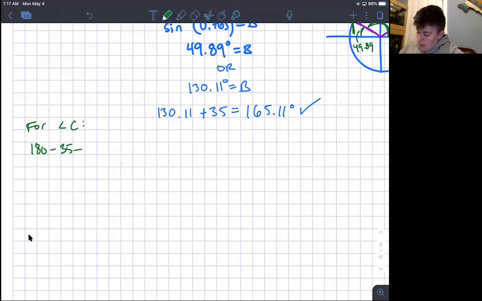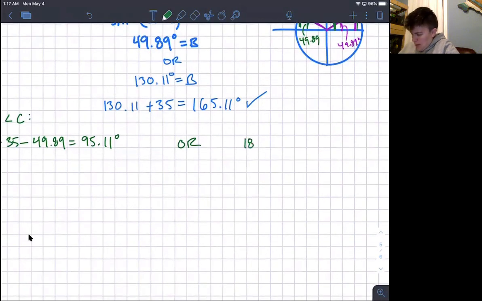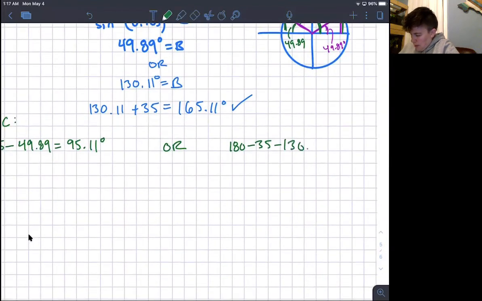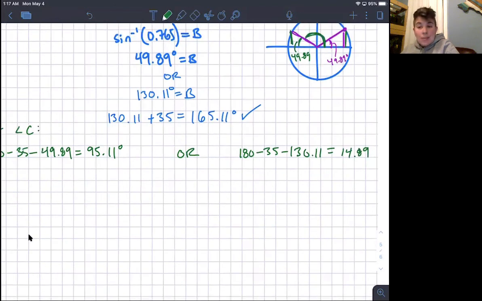So B was 49.89 equals 180 minus 35 minus 49.89, 95.11 degrees, or 180 minus 35 minus 130.11 leaves angle C with 14.89. So those are my two possible angle C's.